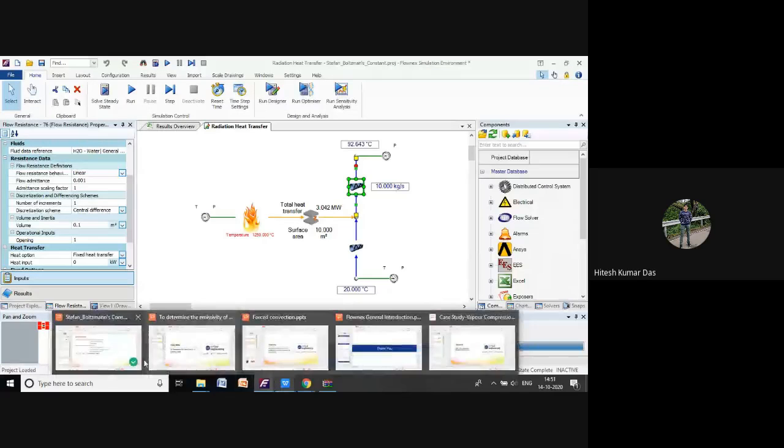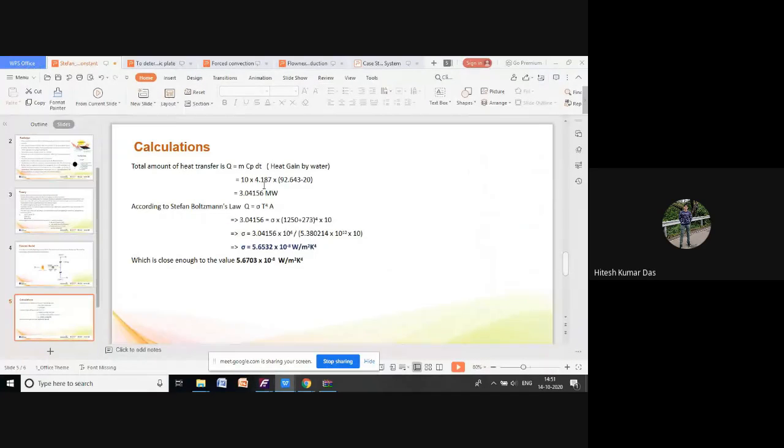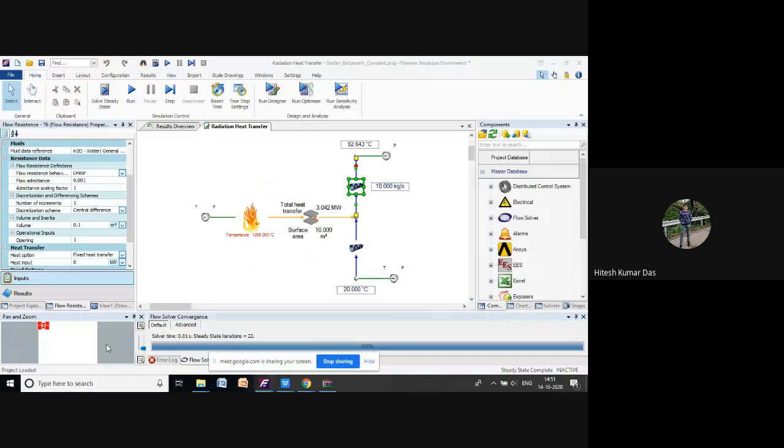Cp is 4.187, which is the standard value. Then delta T is the change in temperature, from 20 degrees Celsius to 90 degrees Celsius.